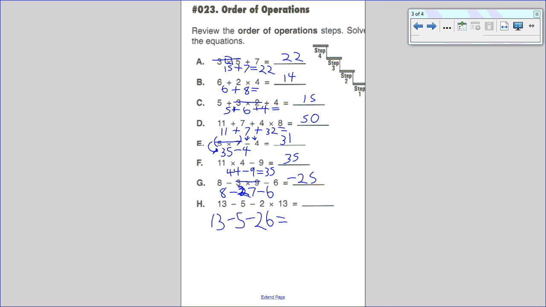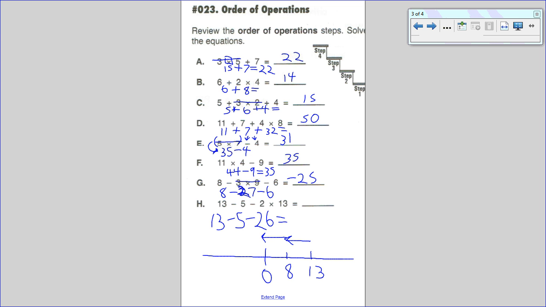I'm just going to extend this. We're going to write the number line right here. If this is 0, we start at 13. Okay? We've got to head 5 in the negative direction. That's going to take us to 8. Okay? Now we still have to go 26 more in the negative direction.